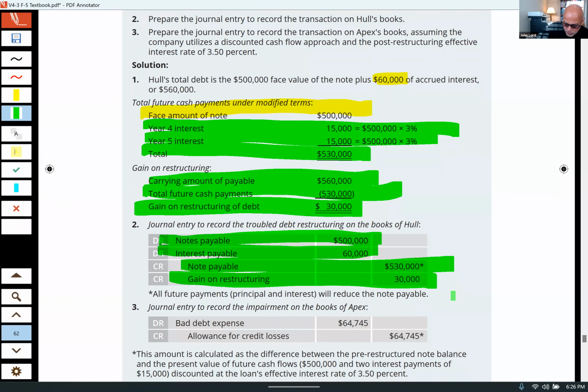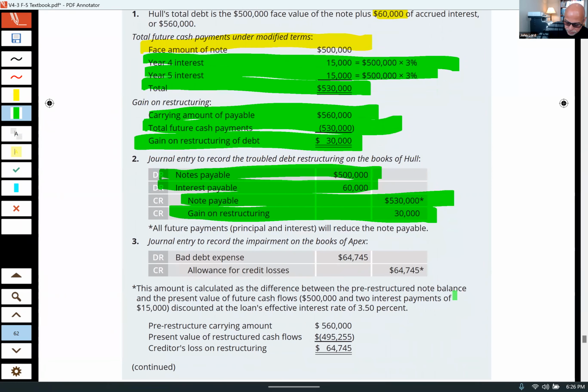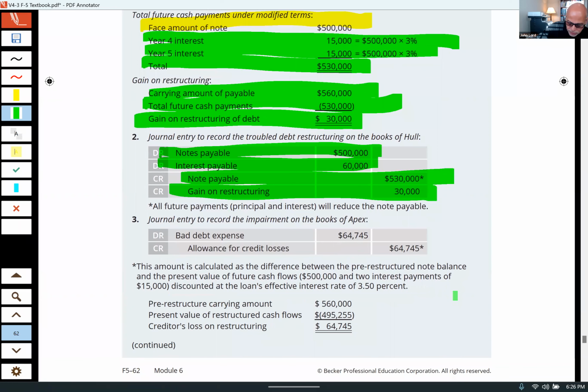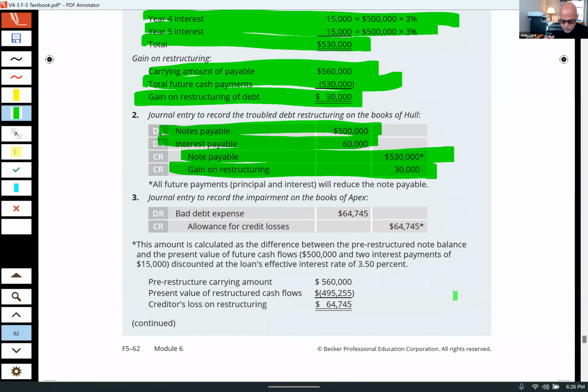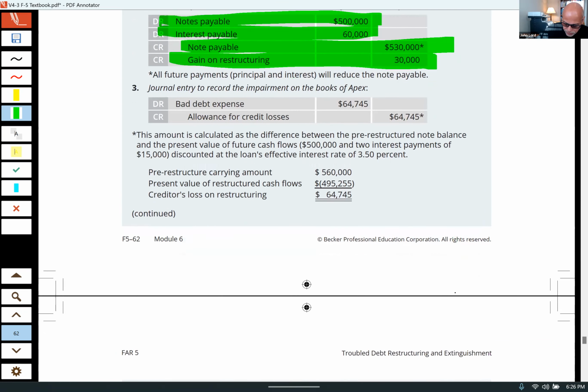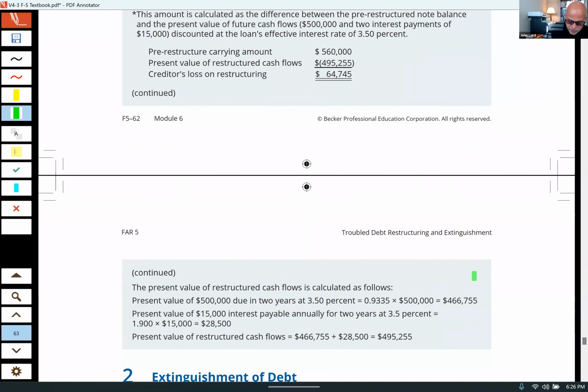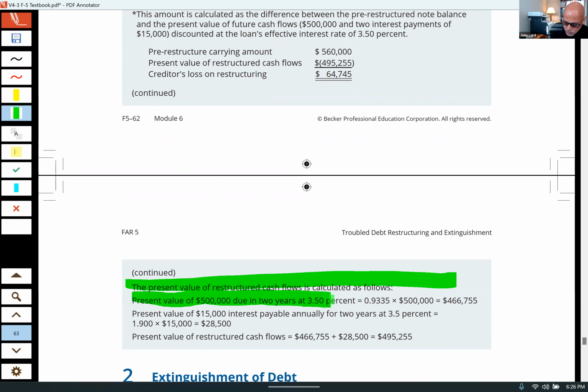Okay, now if we were sitting here and we were the creditor, now we would have to discount those cash flows. Okay, so you come over, and I don't know why they delayed the calculation here. They come over and they tell us, well, the present value due in 2 years at 3.5% equals 0.93 for the principal.